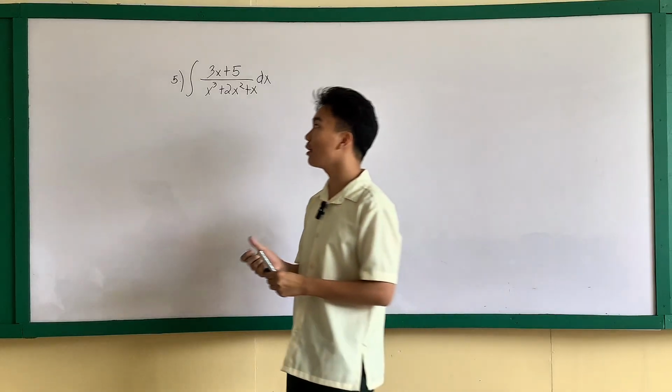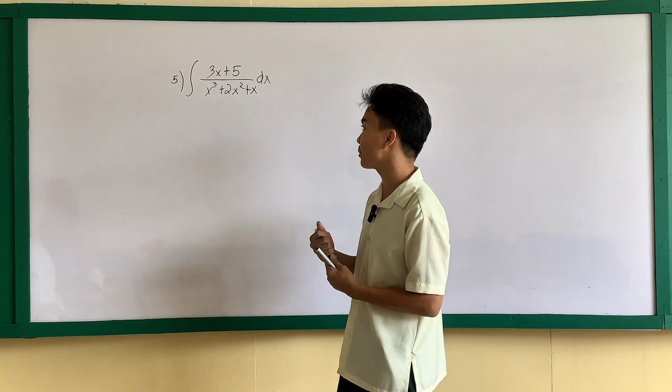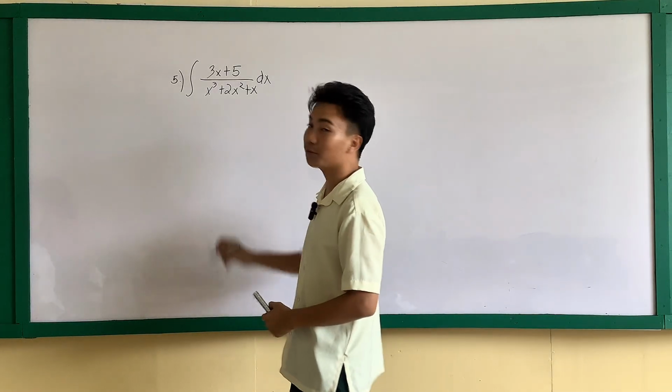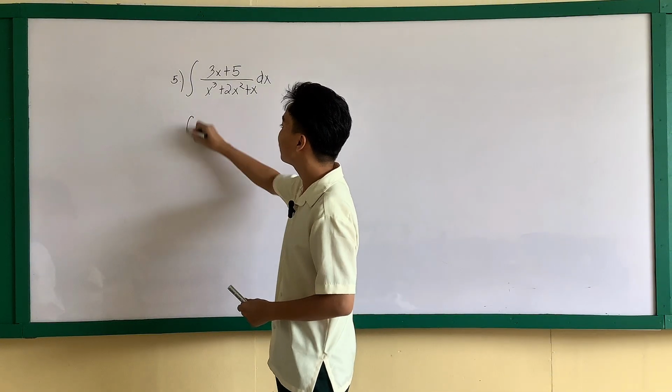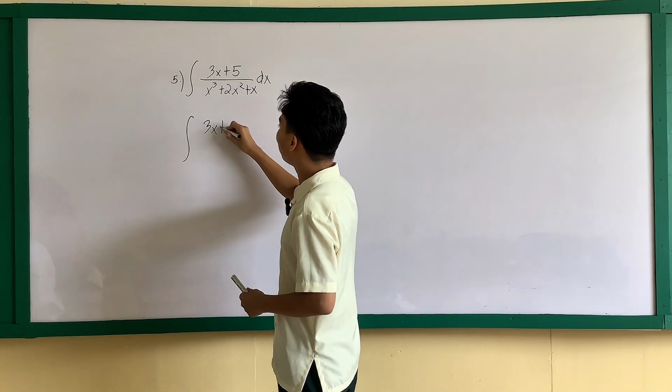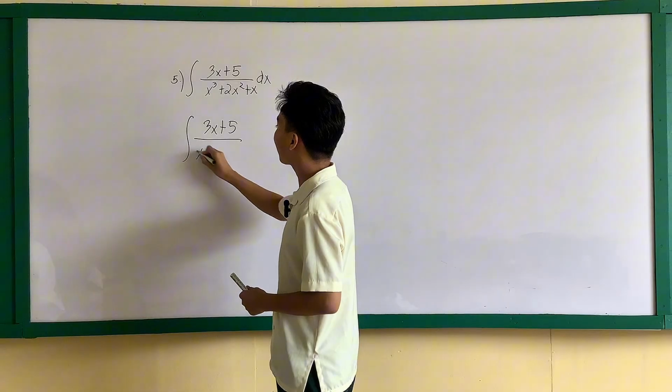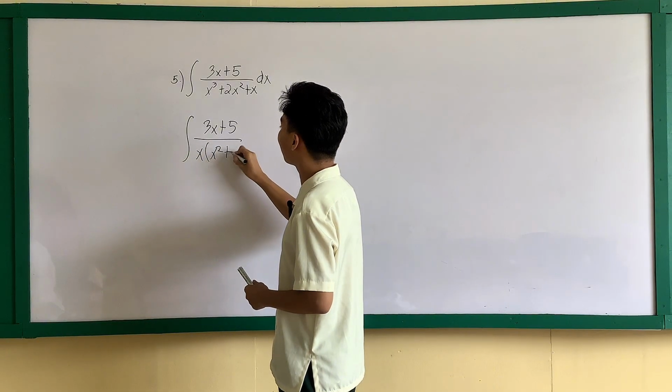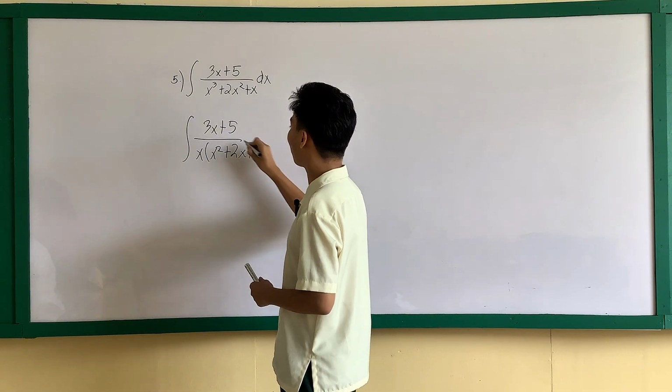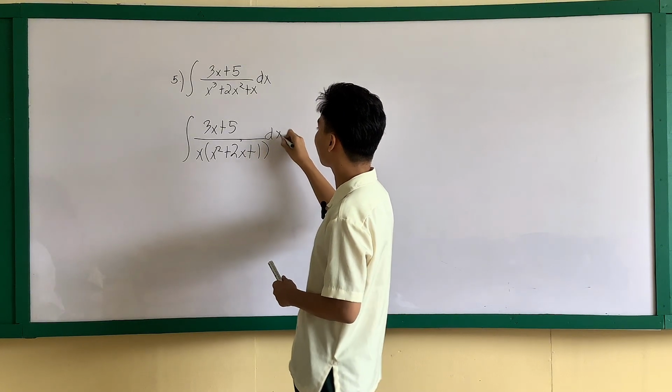So now we are in our last problem, which is problem number 5. So first, we have to factor out first the x in our denominator. So 3x plus 5 over x squared plus 2x plus 1 dx.